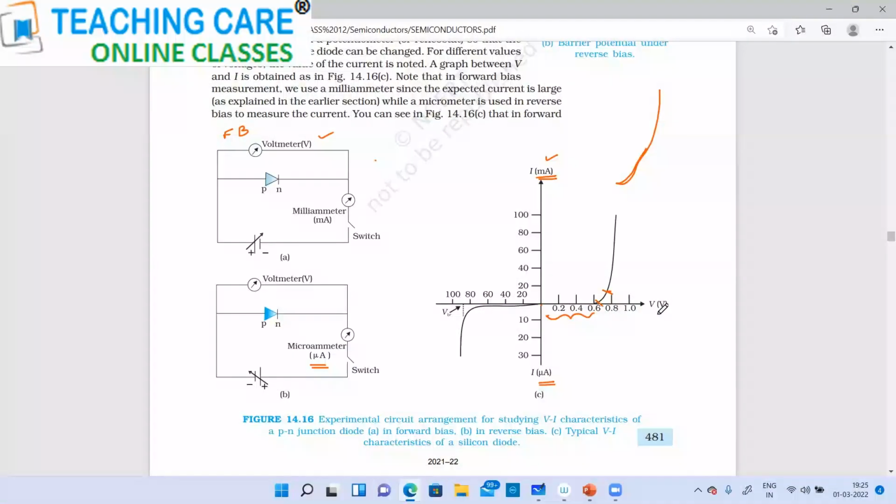So at the threshold voltage, we can say the depletion region is 0, right? Yes, very narrow. Not 0, narrow.